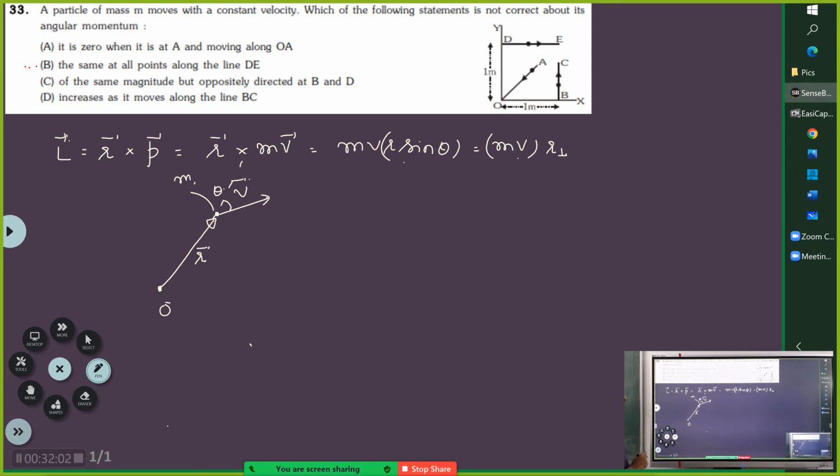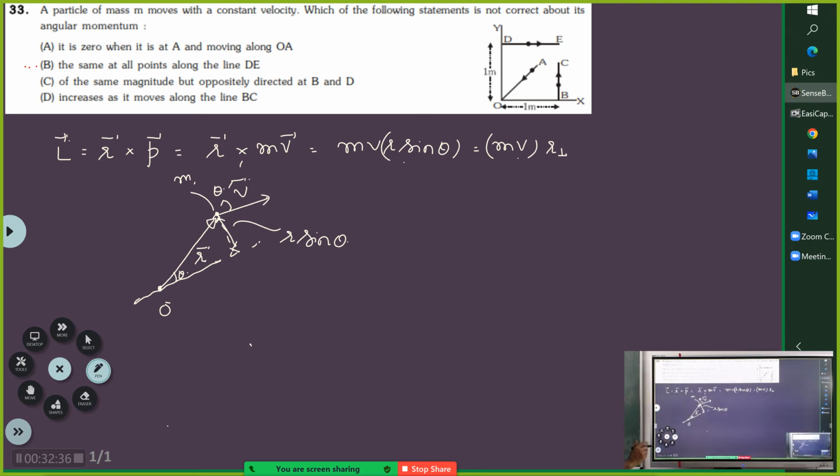If that is theta, then this line and this line are parallel, and R sin theta will be what? This perpendicular distance. This is R sin theta now.